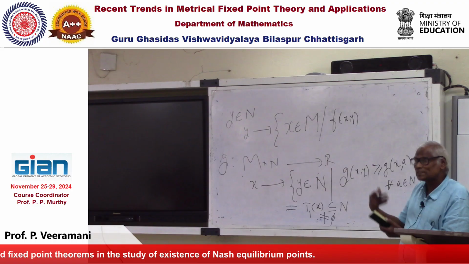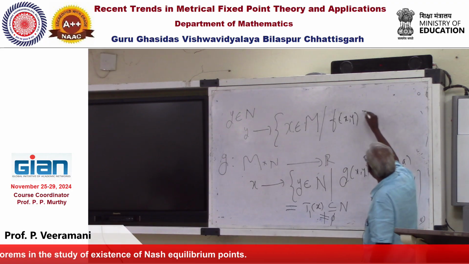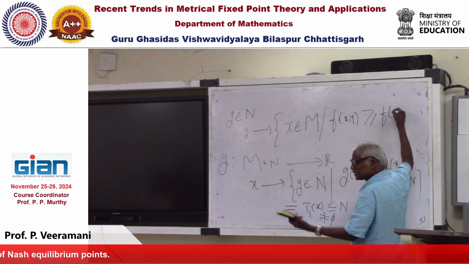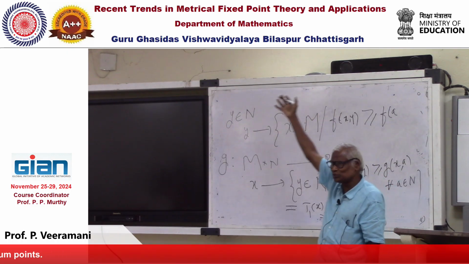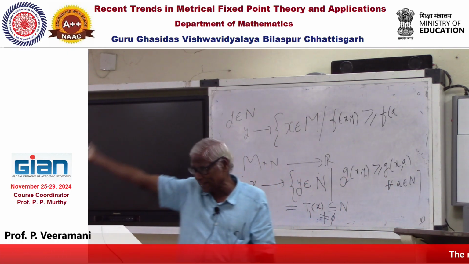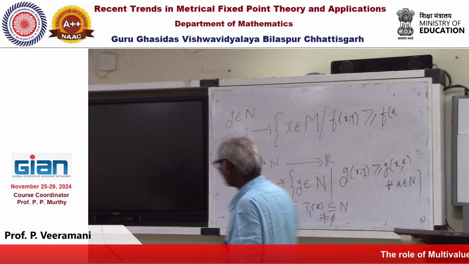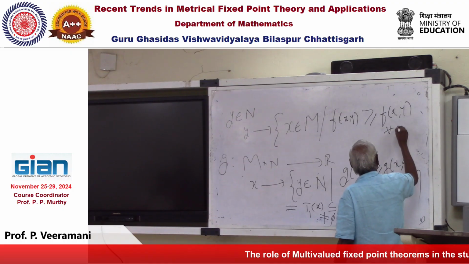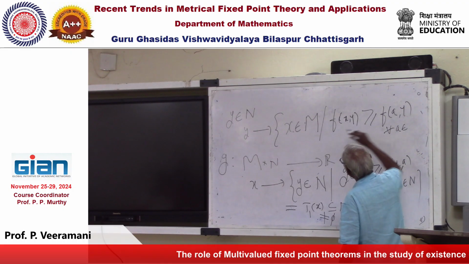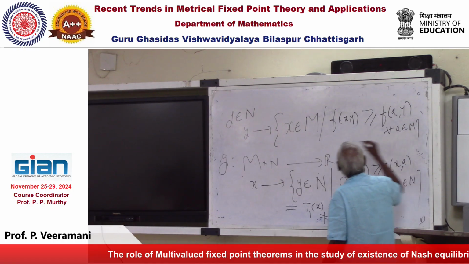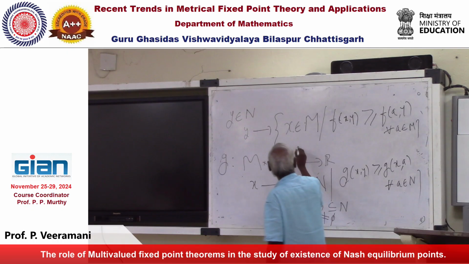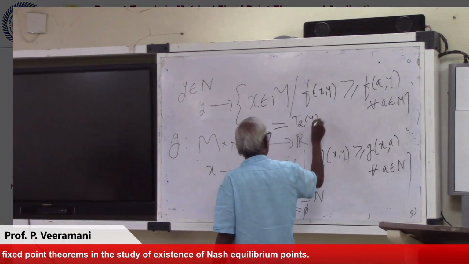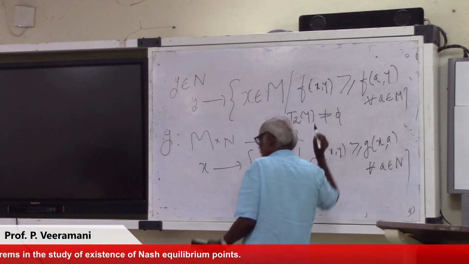This is to give the maximum profit, greater than or equal to F of A comma Y, where the variable A is from M, for all A belongs to M. Again we will assume suitably, this we call T2 of Y. Again, a suitable condition we will assume, non-empty.